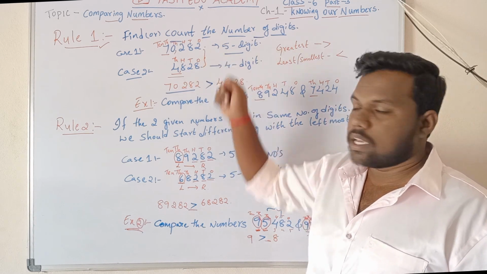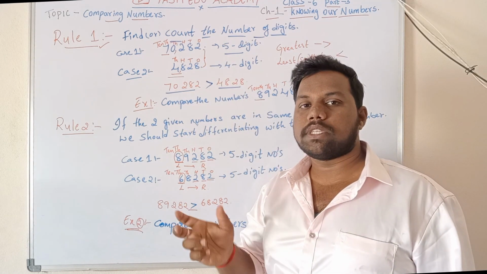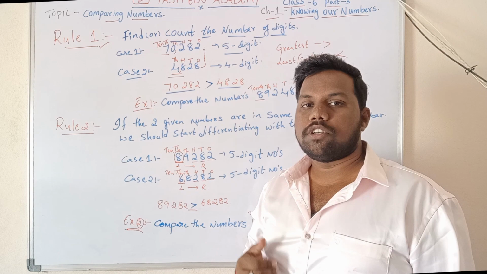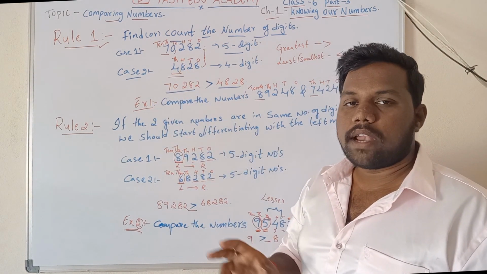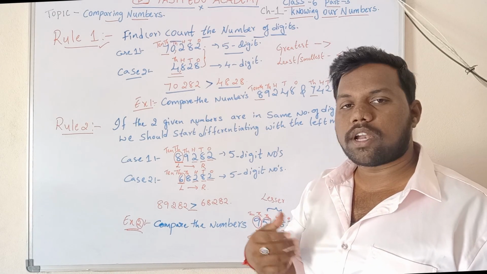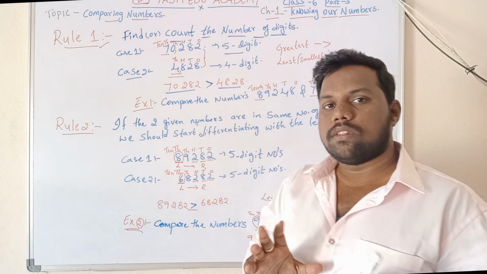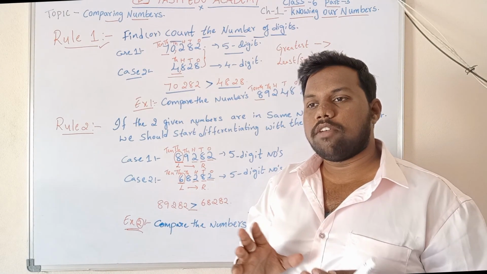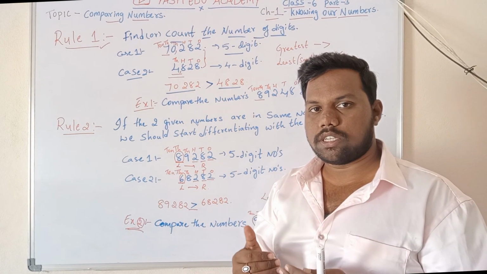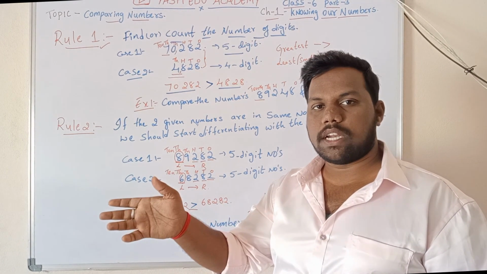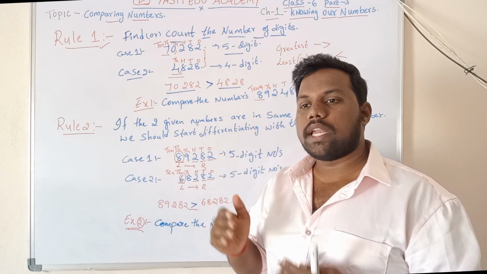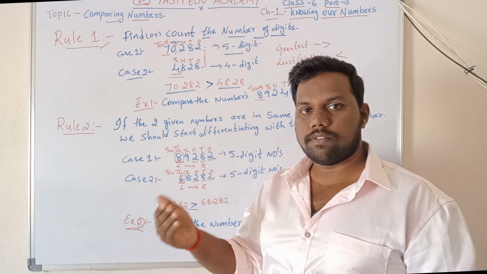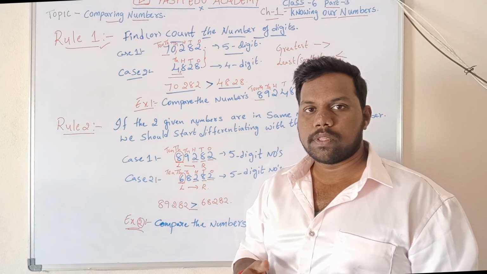When the two numbers have different number of digits, then we should write the place value, and the number with more digits is the greatest. If we have a 5-digit number with a 4-digit number, then the 5-digit number is the greatest. If we have a 9-digit number with a 5-digit number, the number with more digits will become the greatest number.